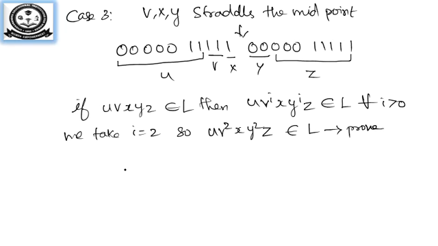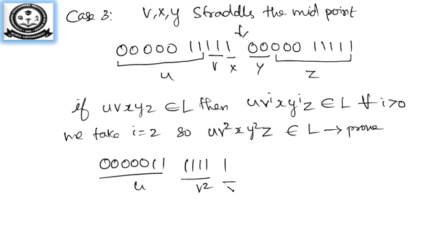So we'll write u first. What is u? 5 zeros, 1 1. This is your u. What is v? 1 1, so it is v squared. x is 1. What is y? 0 0 0, so it is y squared. And z is 0 0 0 and 5 ones.